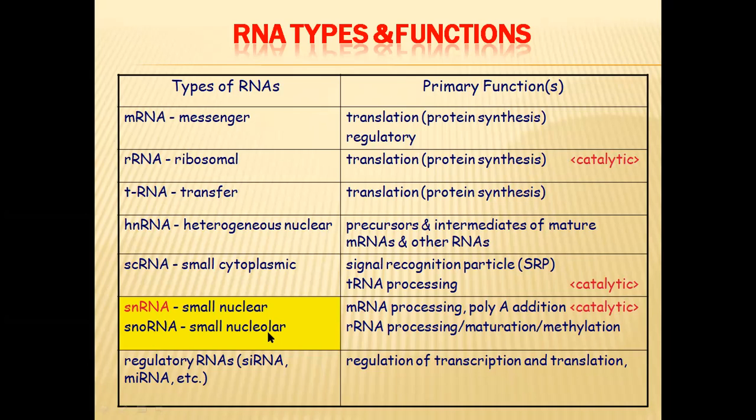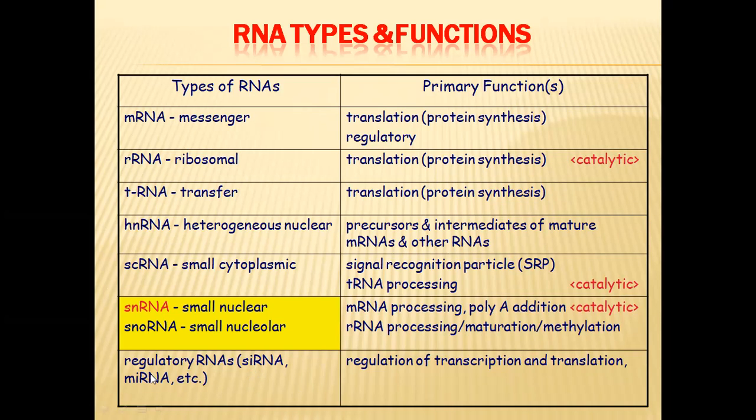The small nucleolar RNA also is present in the nucleus. Both these two are helpful in mRNA processing, adding poly A to the mRNA at the 3' end, and in rRNA processing, maturation and methylation. In all these activities, these two are useful.